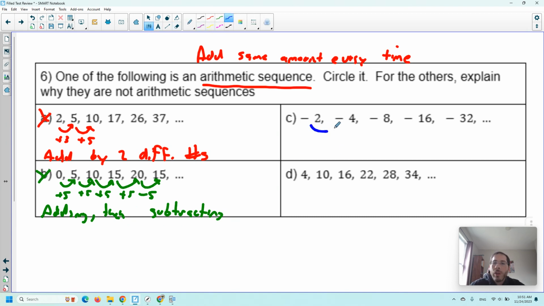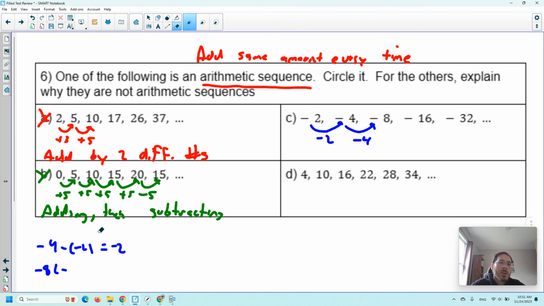All right, so this one then, looks like we're going down 2. Again, if we weren't sure, we could always do -4 minus -2 is -2. Here, it looks like we're going down 4. Again, if we want to check, -8 minus -4.